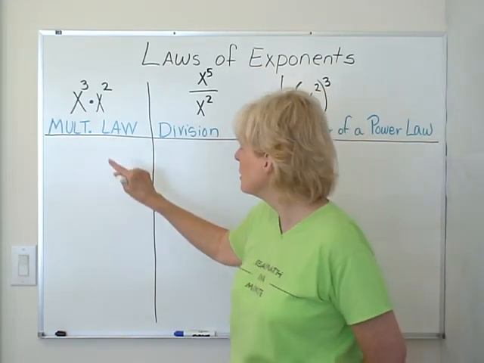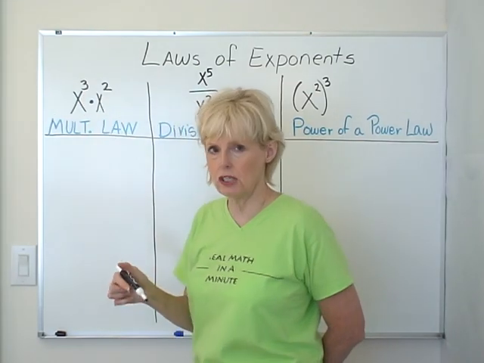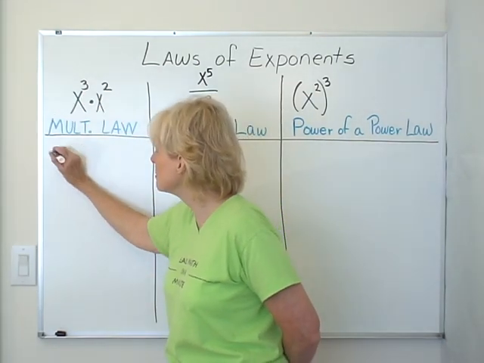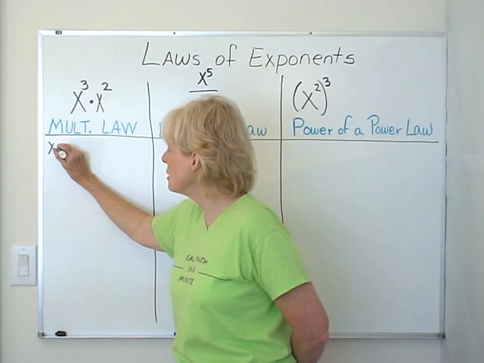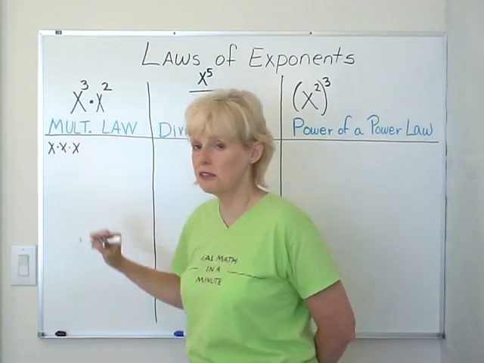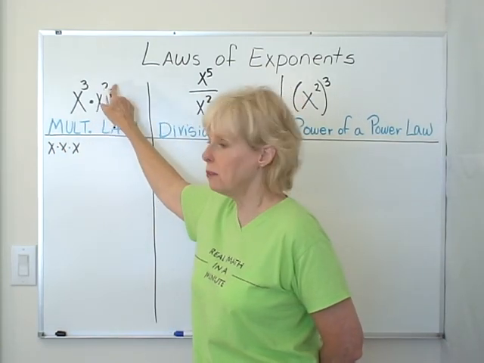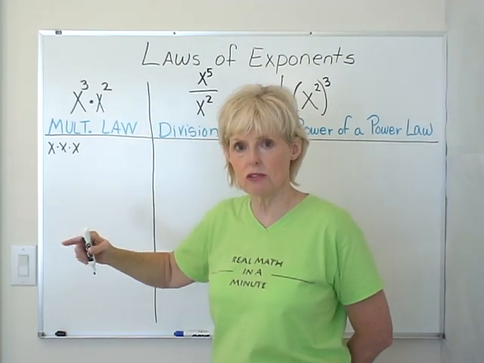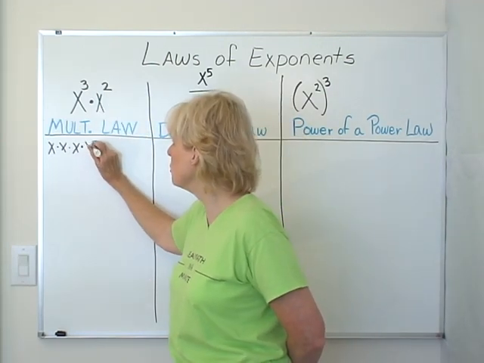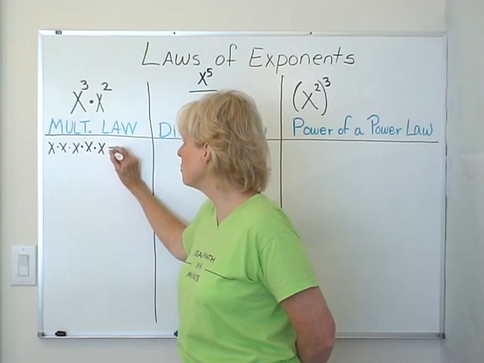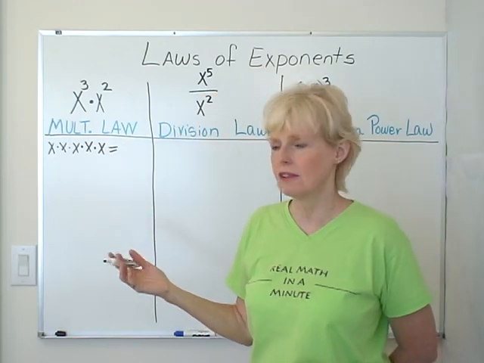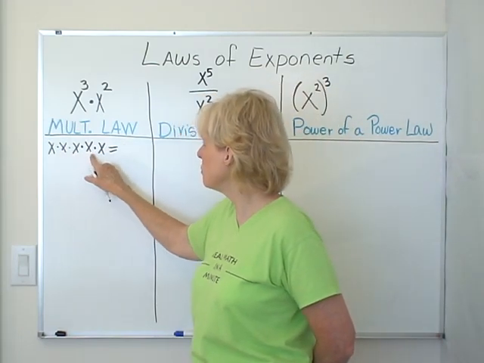So let's do that. X to the third means, and you already know this, x times x times x, 3 times, and x to the second power means x times x, 2 times. So I've got 2 more. So how many have I got all together? Well, I've got 1, 2, 3, 4, 5.